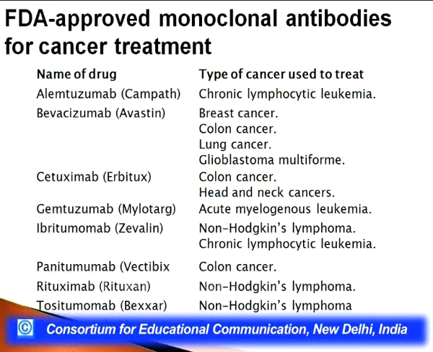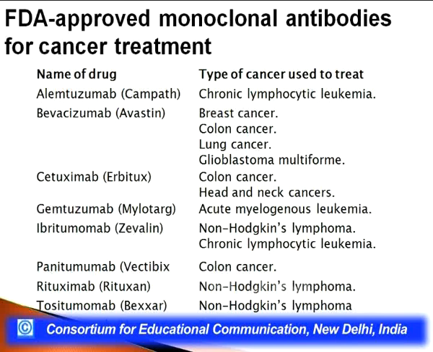Now, this is a list of the FDA approved monoclonal antibodies which are specifically used for the cancer treatment. As you can see, the name of the drug is alemtuzumab, which is Campath, and the type of cancer which is cured is in this case chronic lymphocytic leukemia, Avastin, bevacizumab, breast cancer, colon cancer, lung cancer, glioblastoma multiforme and so on.